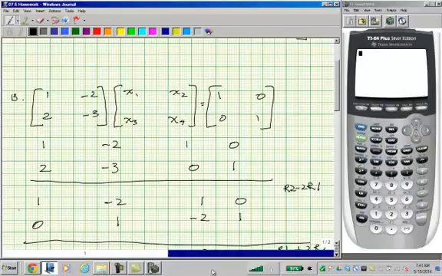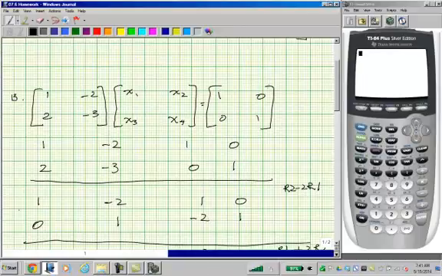So anyway, you take the original matrix and you put next to it, so you got 1, negative 2, 2, negative 3, and you put next to it the identity matrix, 1, 0, 0, 1, and then do row operations on this matrix until the left-hand 2 columns become the identity matrix. When you're finished, the right 2 columns will be the inverse.